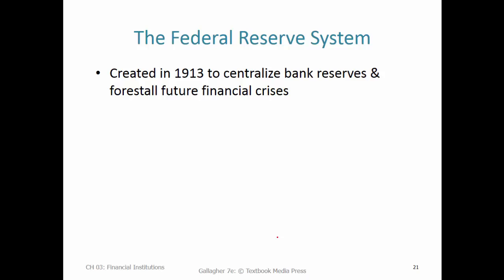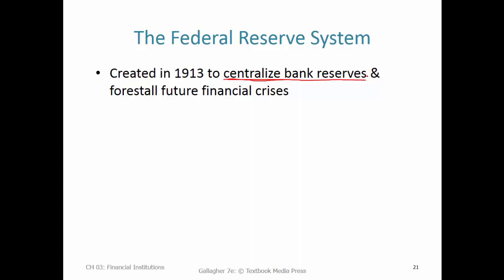The main goal of the Federal Reserve was to centralize bank reserves in one place. The Fed still does this essentially, and more now, but initially it pooled the reserves of all the banks in the country in one central location. The reason for this was that the Federal Reserve banks would then have a large pool of funds to lend out to banks in times of financial crisis, when liquidity dried up and banks needed funds and people weren't willing to make deposits.